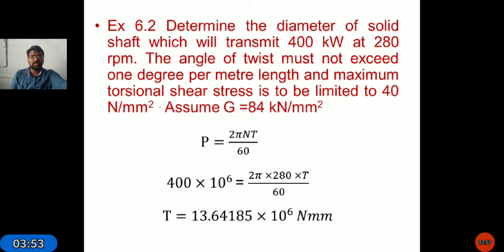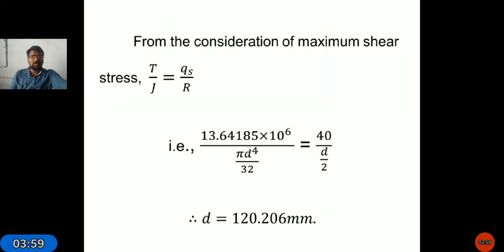By substituting the torque value in the torsional equation we will get the D value, that is the diameter of the solid shaft. From the consideration of maximum shear stress, T by J equals to QS by R, because the maximum stress will develop at the outermost layer of the shaft. Substitute the T value, that is 13.64185 into 10 power 6.